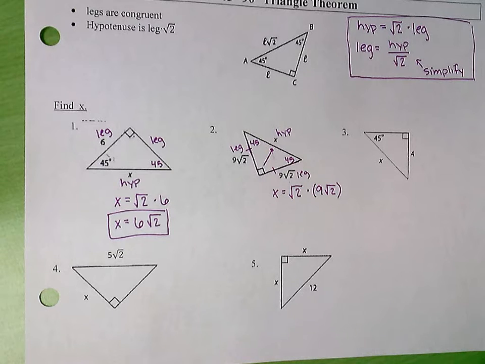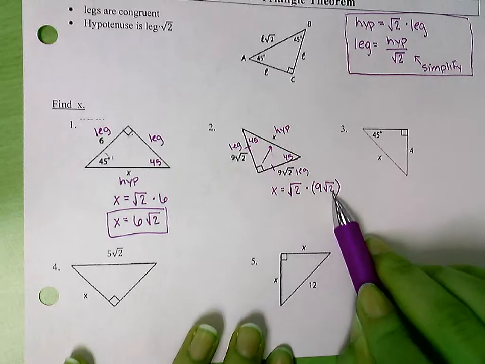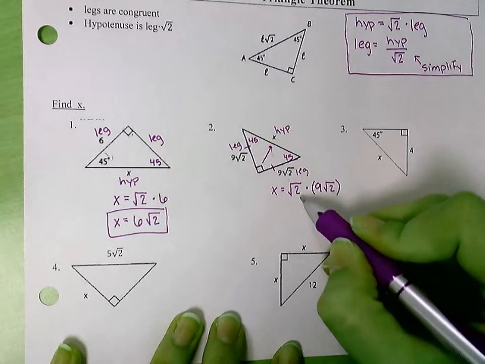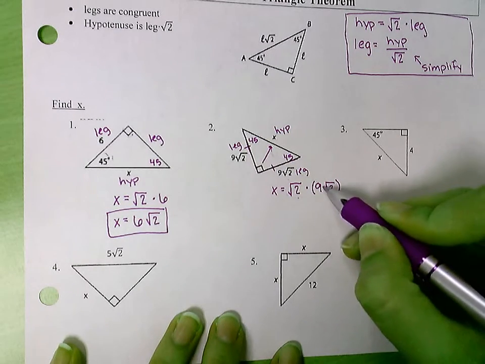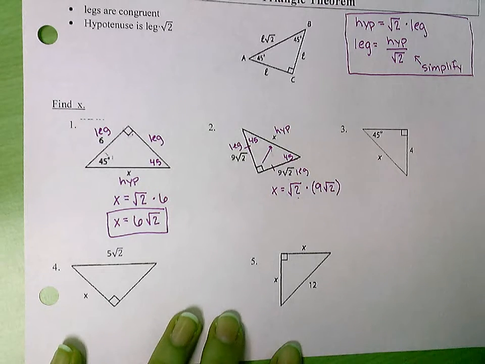Okay, I can simplify this a little bit. If I have the square root of 2 times the square root of 2, what does that give me? 2. It gives you 2. So if I multiply the square root of 2 times the square root of 2, that would be the square root of 4. Right?